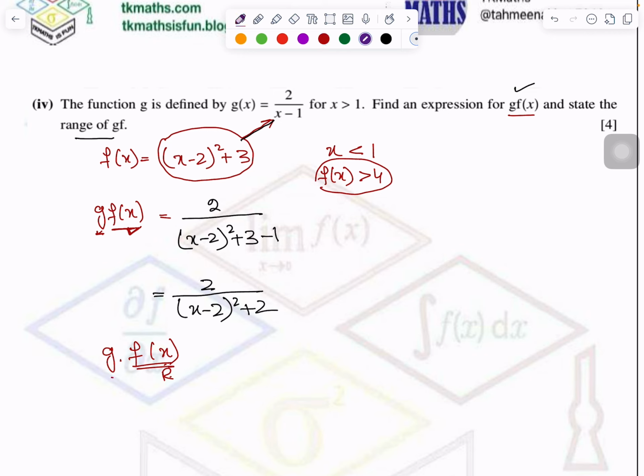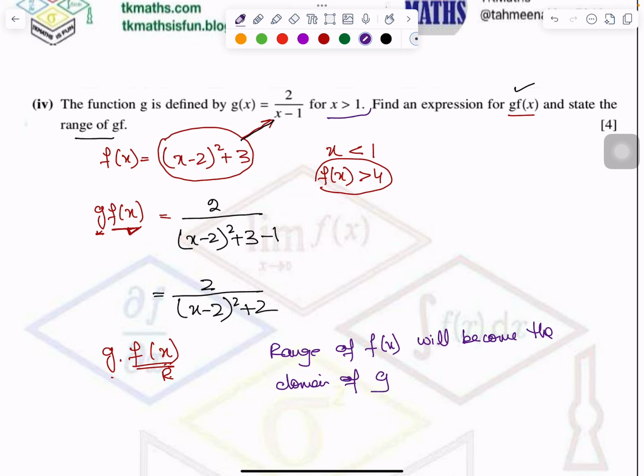I'm repeating, the range of function f will become the domain of g. But the original domain is also given to us. Is it satisfying? It is 100% satisfying, because g said the domain is x greater than 4, and f of x is saying here greater than 4, greater than 1 and greater than 4. So greater than 4 falls within this, 100% it falls within it.